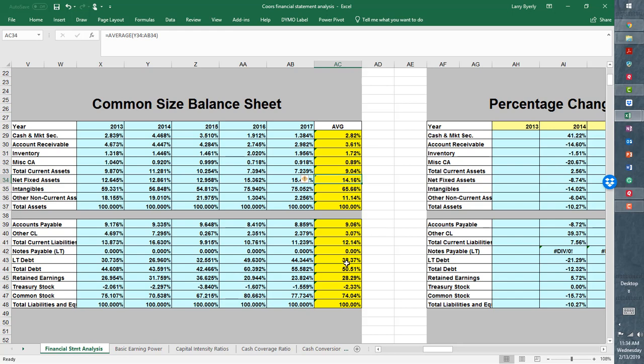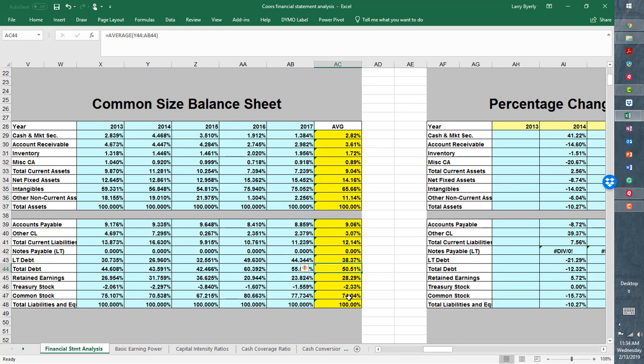If we continue that analysis down below, about 12% of the assets are current liabilities. Total debt is about 50%, which then obviously means the other 50% must be equity, or stockholder equity.